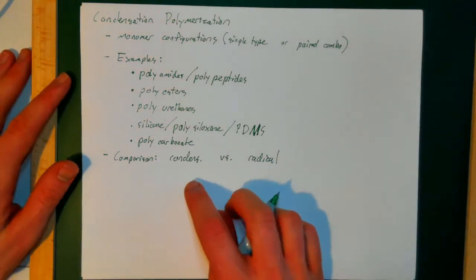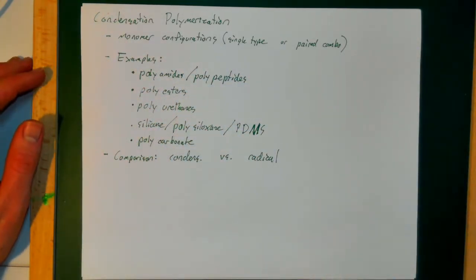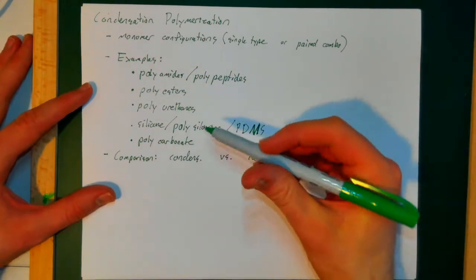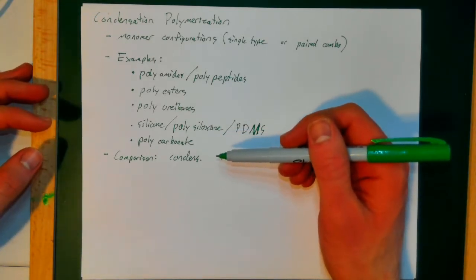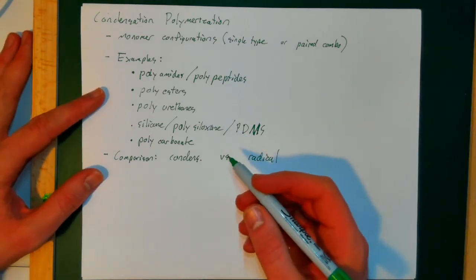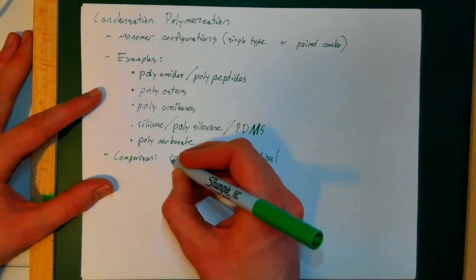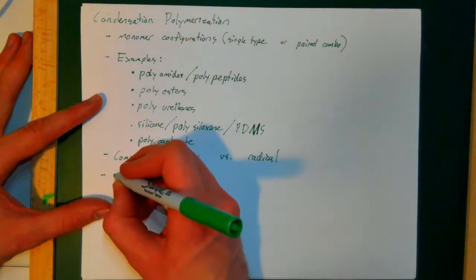Condensation is what we're talking about today. We'll compare and contrast them, how they grow, what some features are, and what features engineers can exploit in each polymerization reaction type.